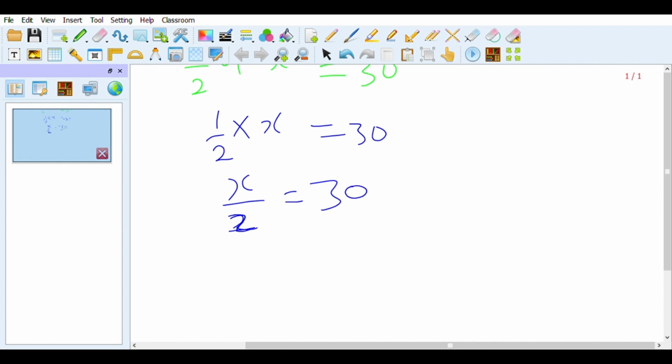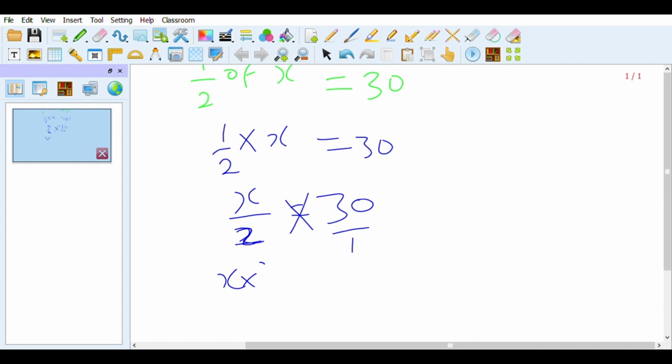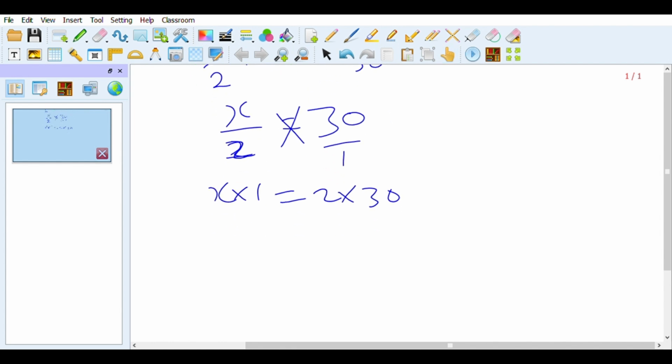Okay, this is just like the equation we just solved previously. This is 30 over 1. We cross multiply. X times 1, or 1 times x, is equal to 2 times 30. So x is equal to 60. What is x? X is that number.